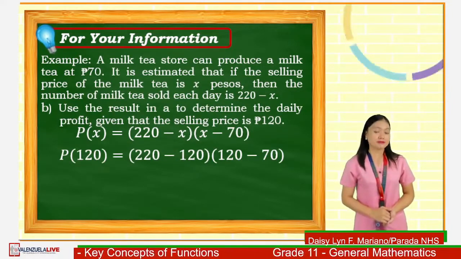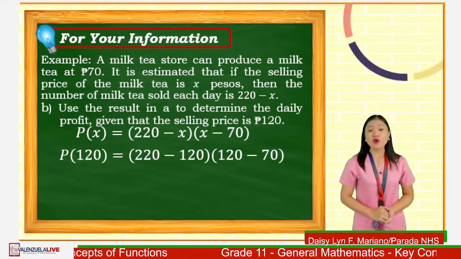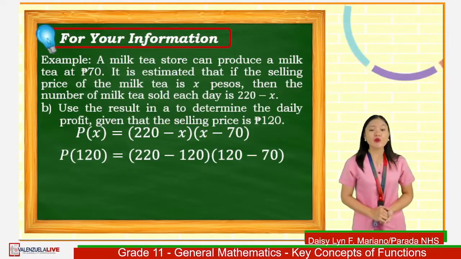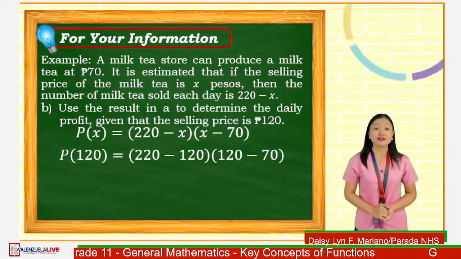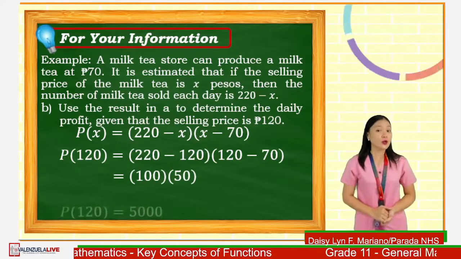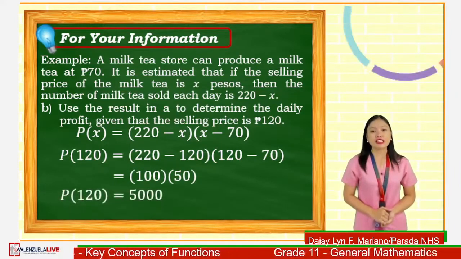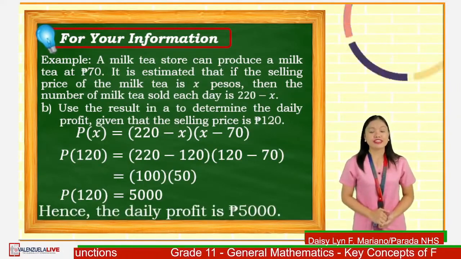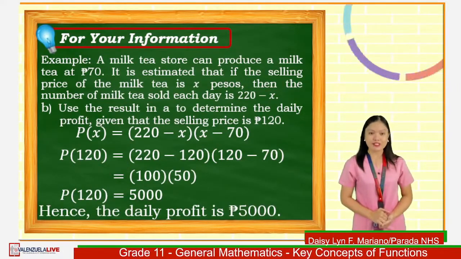Perform the operation. That is 220 minus 120 is 100 and 120 minus 70 is 50. Multiply 100 by 50. So, P of 120 is 5,000. Hence, the daily profit is 5,000 pesos.